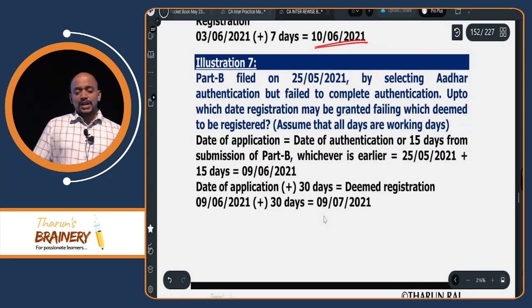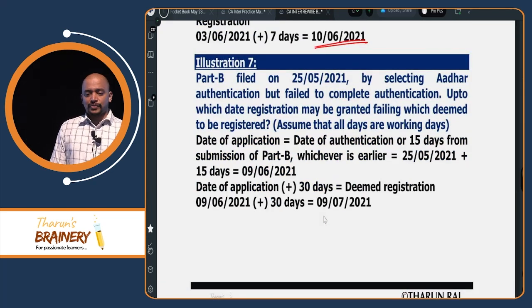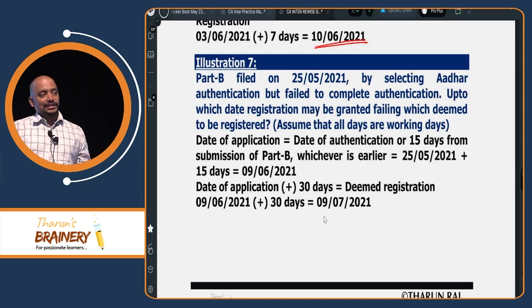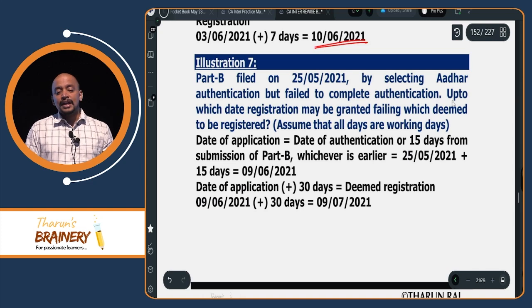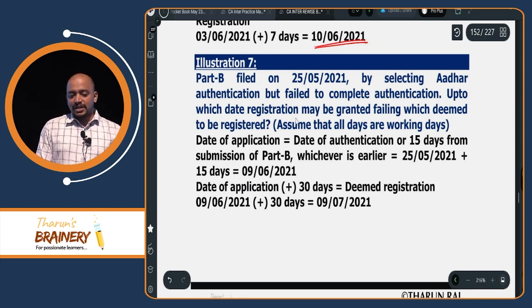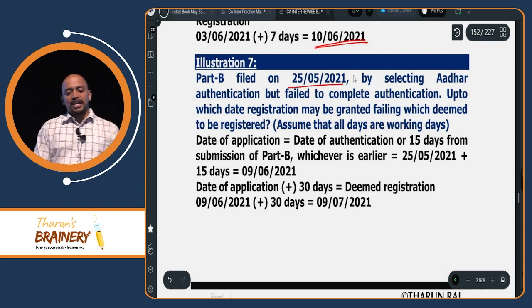Then illustration 7. Part B filed on 25/5/2021 by selecting Aadhaar authentication, but failed to complete the authentication. Up to which date registration may be granted, failing which deemed to be registered? So you did not complete authentication. So overall you need to take 45 days. So count 45 days from 25/5.